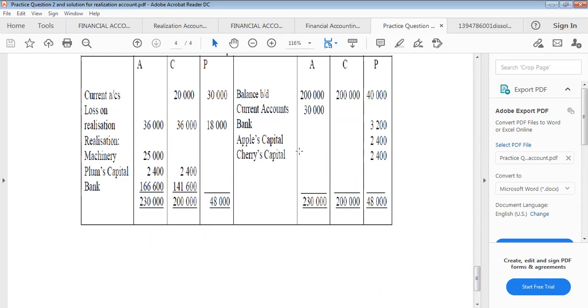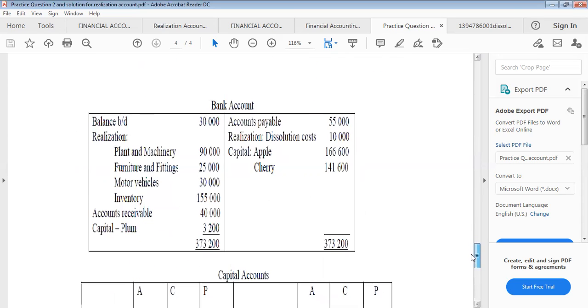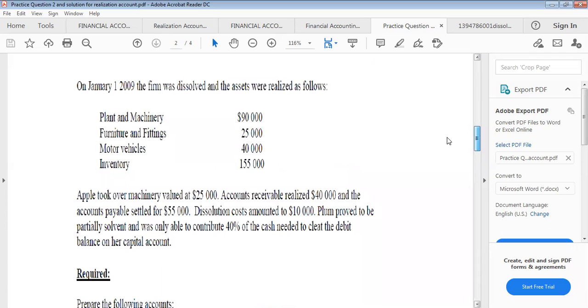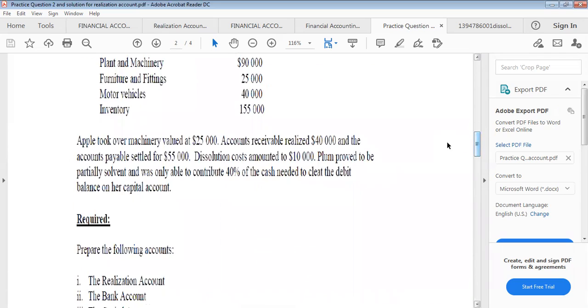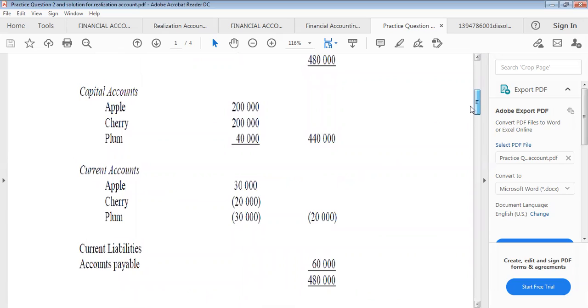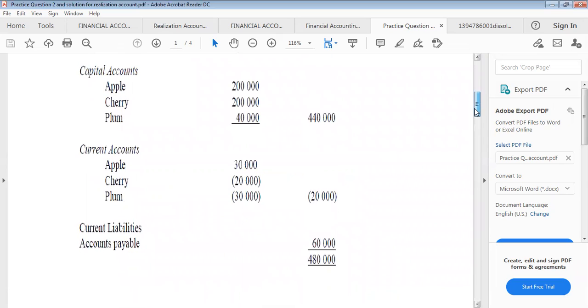There is something I should say to you around this section. 3,200. Something is missing right here. Oh, Plum's capital is 40,000, right?